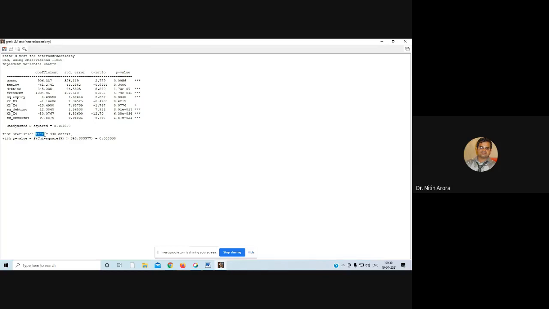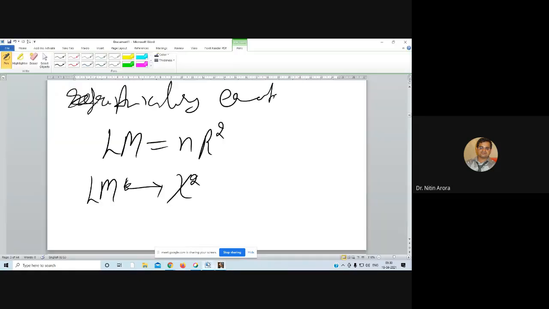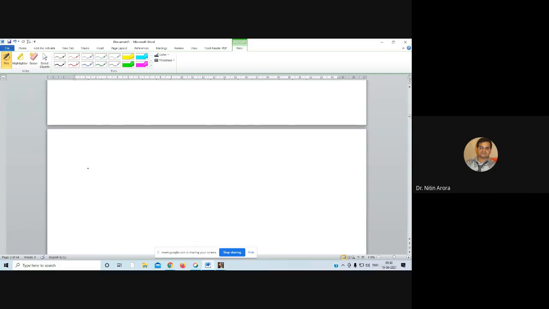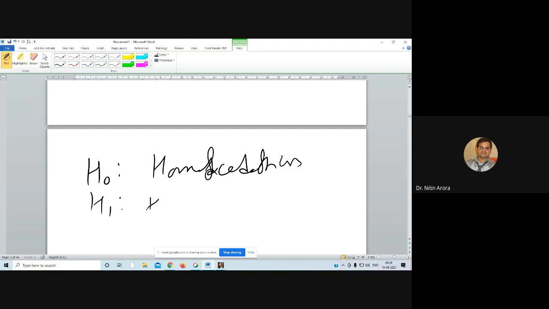So T r square is n r square, which is the LM statistic. The statistic is 340.88337, and the p-value is 0.000, less than the level of significance. The null hypothesis here is homoskedasticity against the alternative heteroskedasticity.